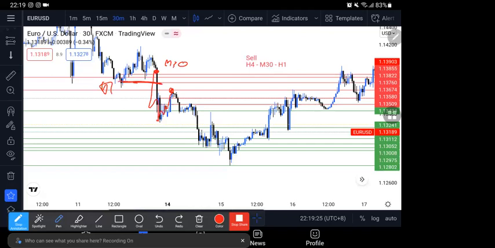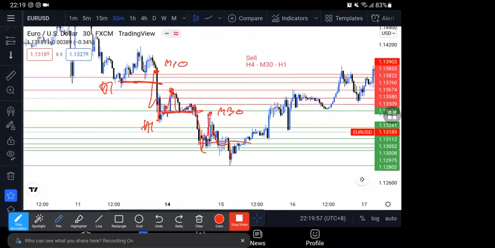If we wait for it to break some more and then re-enter, you guys are never going to get an entry. Let's say we wait for this one to break, you're still going to have maybe MTT over here, and then you wait for another breakout, and in the end you have no entry at all.